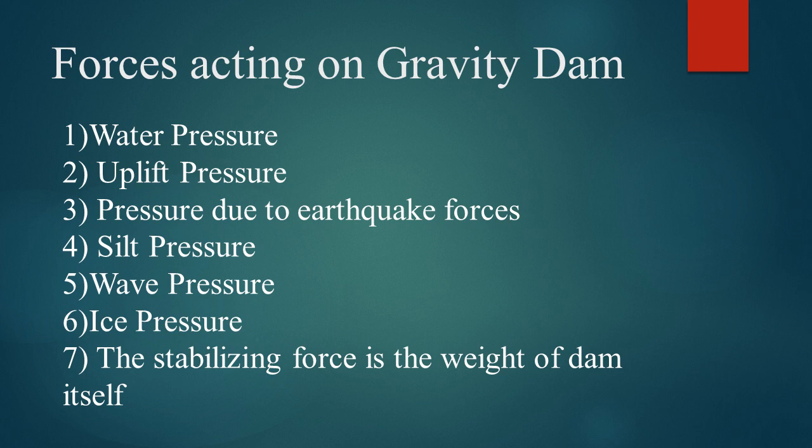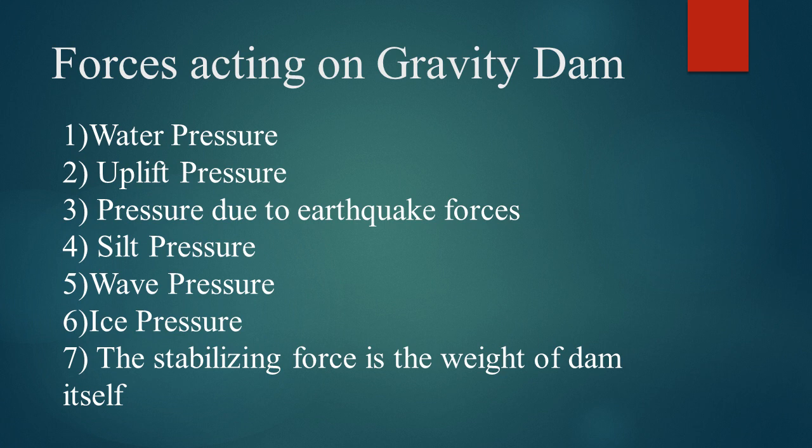Next, we will discuss the possible forces which will be acting on a gravity dam. We have to design as per resisting those forces, so we have to be aware of these forces. First one is water pressure, second uplift pressure, third pressure due to earthquake forces, fourth silt pressure, fifth wave pressure, sixth ice pressure, seventh the stabilizing force, which is the weight of the dam itself.